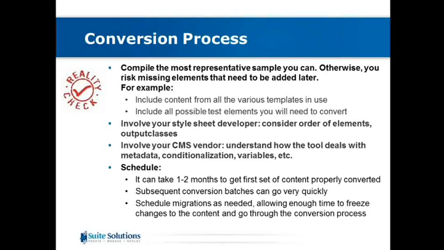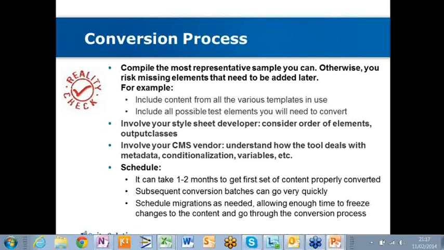So if you're using bulleted lists, sometimes on a level 1, sometimes on a level 2, also in tables, also in steps, those are the kinds of things you want to have, if possible, in your initial conversion content. What that does is it allows the developer to create the conversion tool with the most amount of content possible, and therefore it smooths out the rest of the conversions.